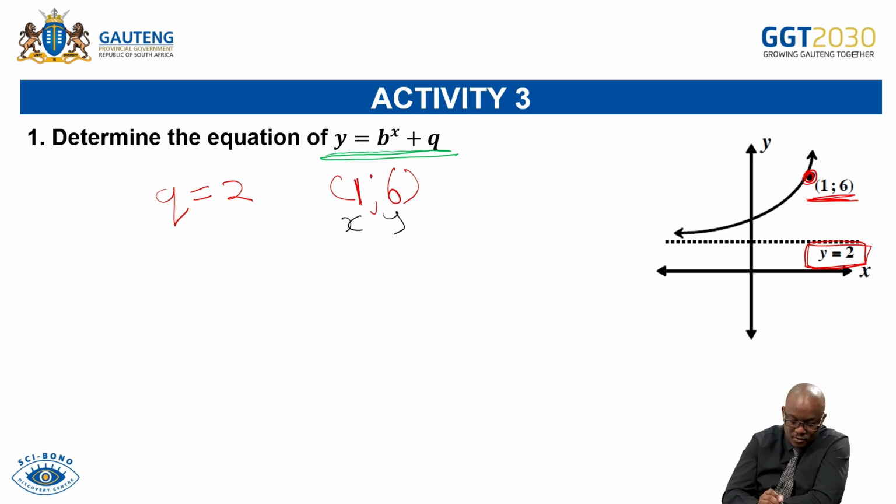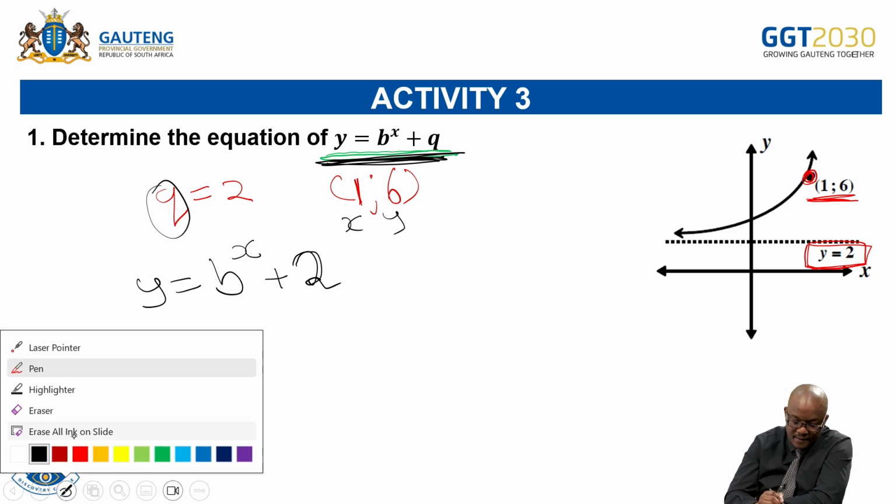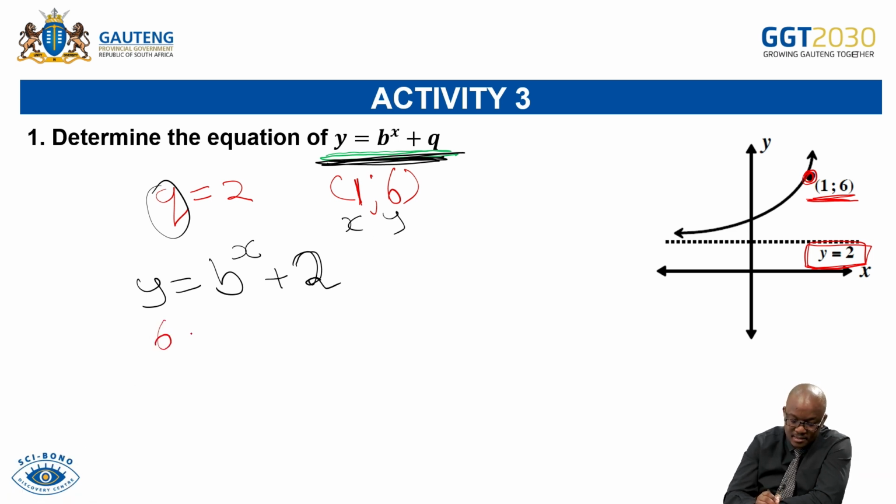So when we substitute in our equation, y is equal to b to the exponent of x plus q, which is 2. Remember, q, we already have it. So now your y is 6 and your x is 1 plus 2.